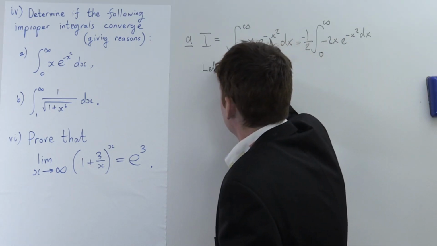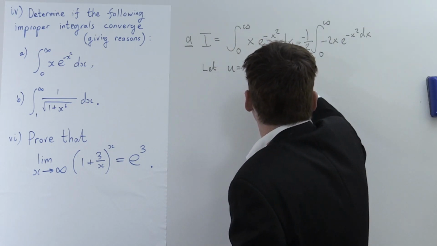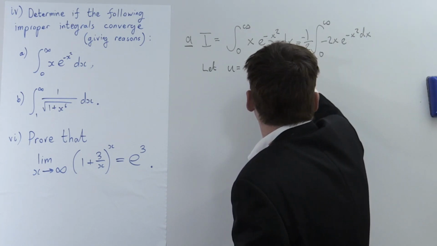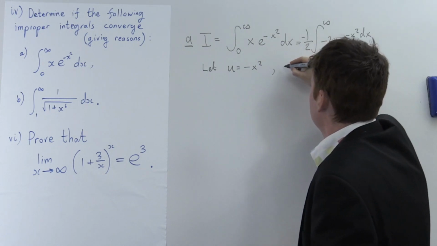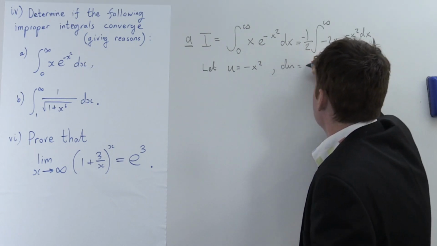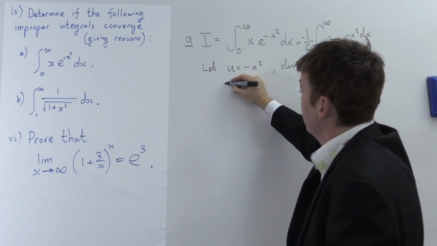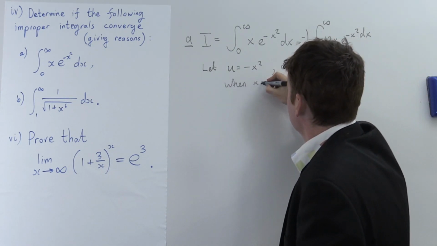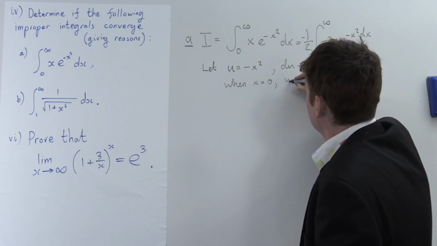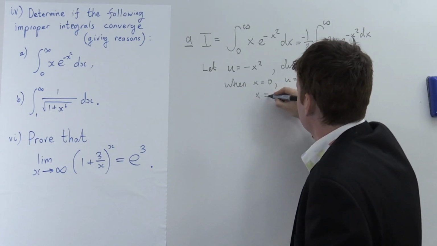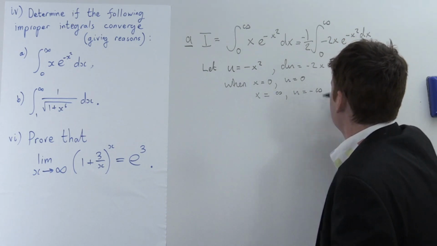Let u be equal to negative x squared. Then du is negative 2x dx, which I can have, and when x is equal to 0, u is 0, and when x is equal to infinity, u is equal to negative infinity.